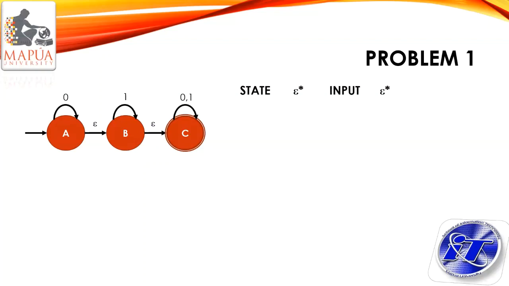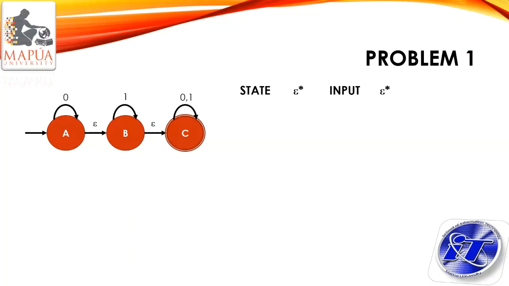After determining the different states that could be reached from a certain state, we're going to consider the input, the alphabet. The input or alphabet will determine the next hop or the next state. And there is a possibility that this next state is connected to another epsilon transition, so we're going to check again the epsilon closure of the next state.